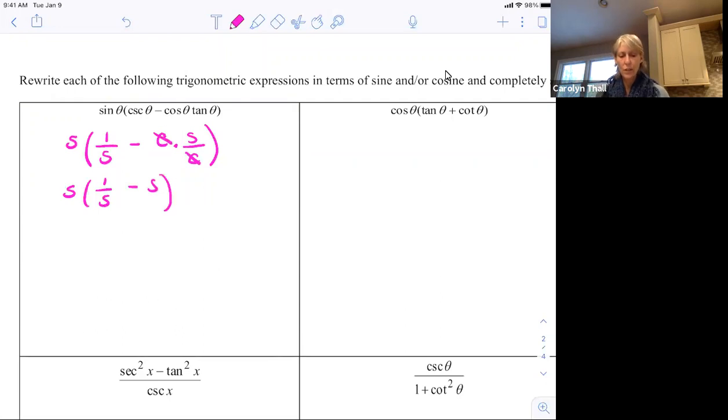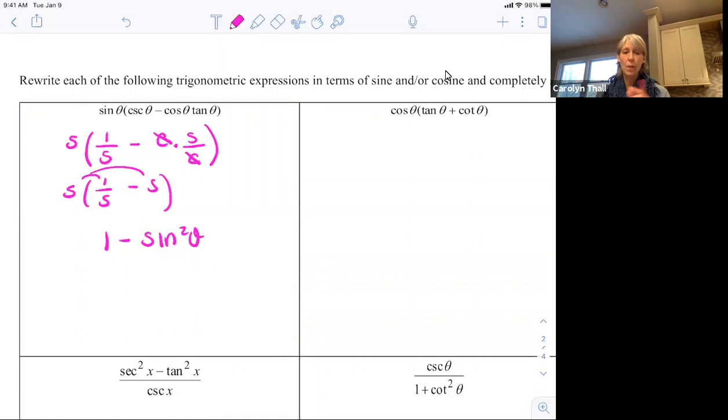Now I could do a bunch of different things here. I could write that inside as one fraction, or I could distribute the sine onto each term. I think I'm just going to distribute the sine. Sine times 1 over sine, that's just 1, minus sine squared.